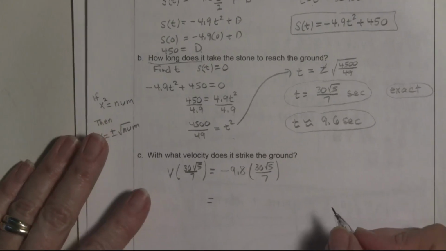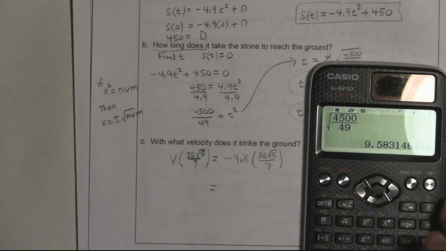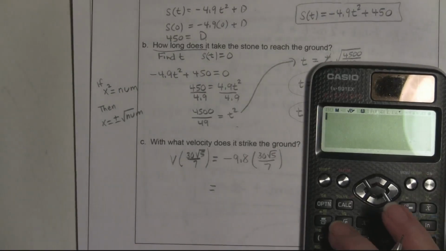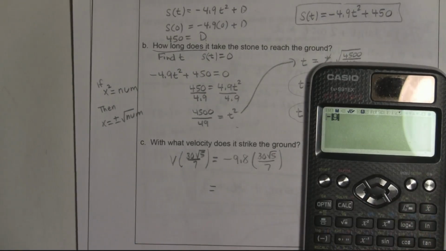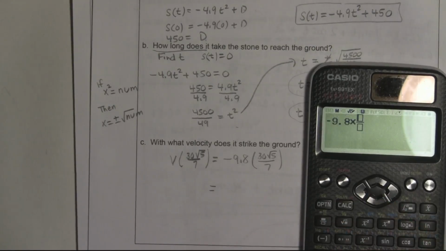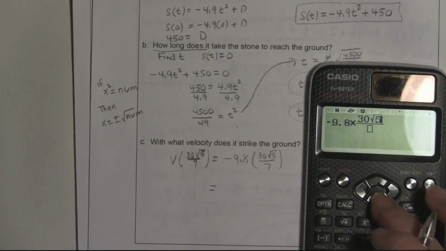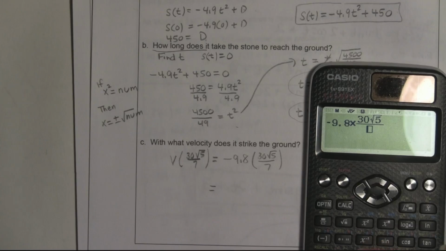Us math people, we run around with the square root of 5 thinking it's fine. Okay, so here we have negative 9.8 times, and then it's a fraction, 30 square roots of 5, I could have put parentheses too, but I put the times sign instead, divided by 7.